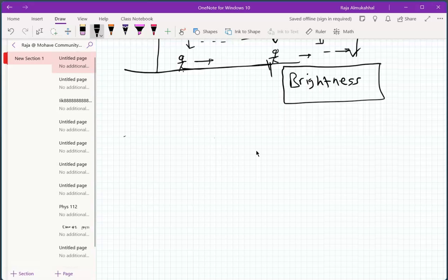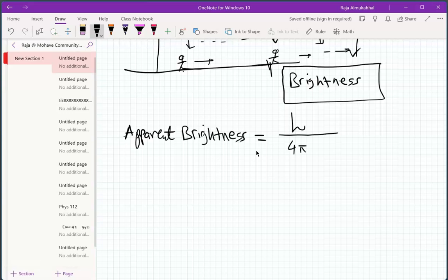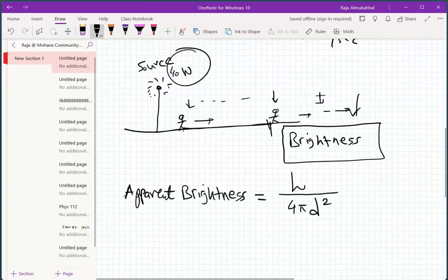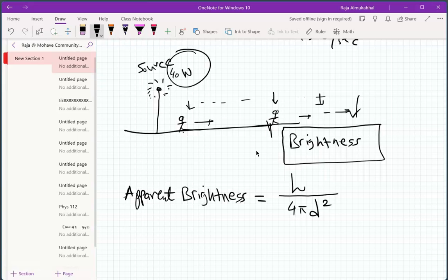We say the apparent brightness, again, this is astronomers' jargon, the apparent brightness of a star, for example, is equal to the power of the source, which we call luminosity, big L, divided by 4 pi d squared. Now, the d here is how far. Let me go back to the screen. So, go back to this street light right here.